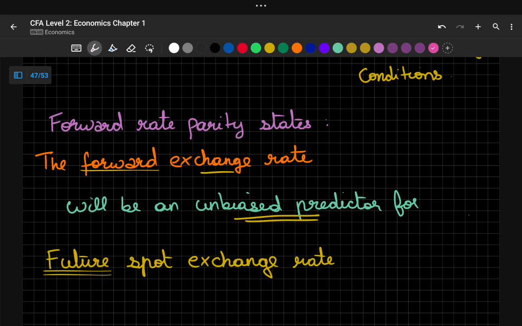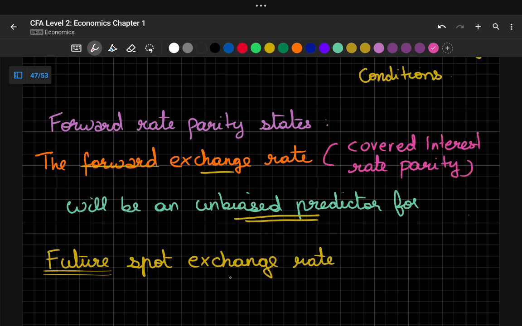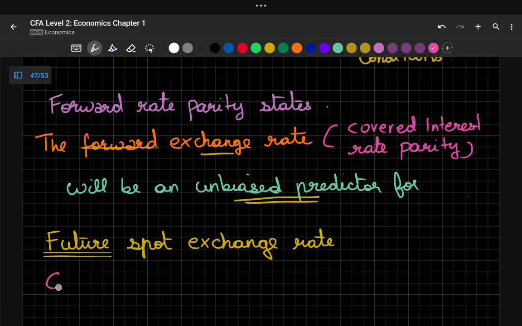It is because the forward exchange rate mentioned here is calculated from covered interest rate parity, and this future spot exchange rate mentioned over here is calculated using the uncovered interest rate parity equation.